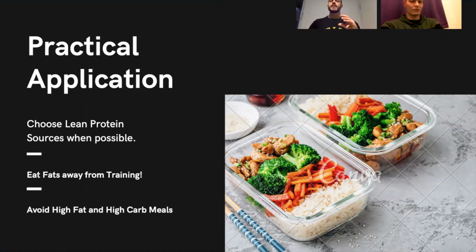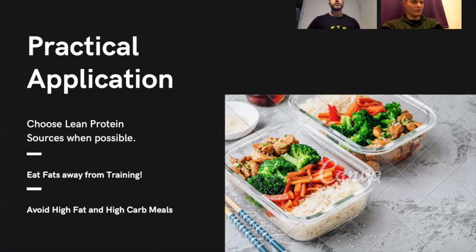So I basically look at food like building blocks. I eat the chicken for the protein, I eat the nuts for the fats, and then I eat the rice for the carbs. So each food gives me a different macronutrient. So I want to go for the purest form of it, right?